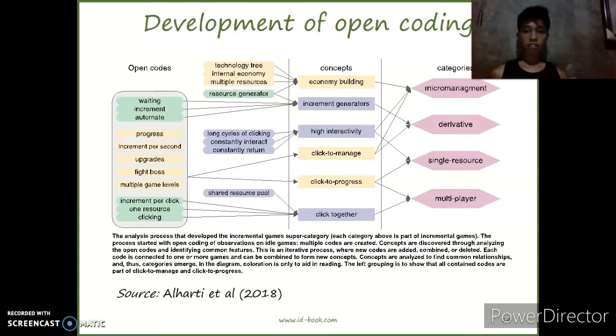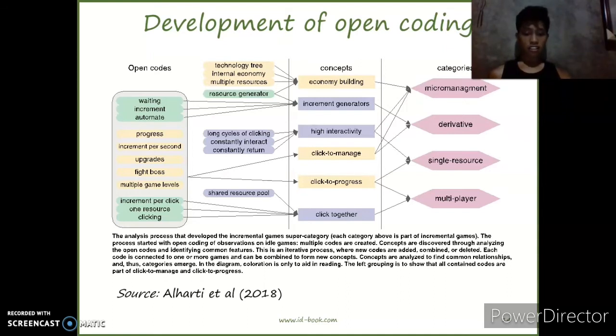Development of open coding. The analysis is a process that develops the incremental games super category. Each category above is part of incremental games. The process started with open coding of observations on idle games. Multiple codes are created. Concepts are discovered by analyzing the open codes and identifying common features.